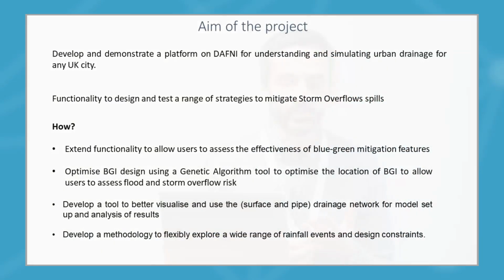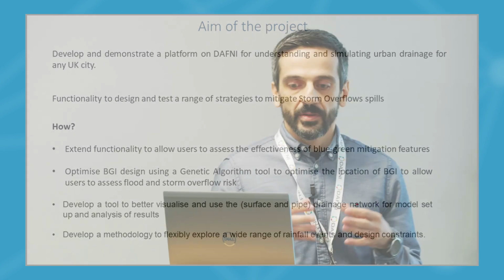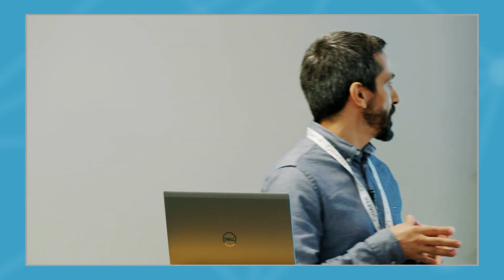So we need to extend the functionality to allow users to assess the effectiveness of blue-green infrastructure. Then we need to develop an optimization tool in order to determine the optimal location of blue-green infrastructure. Then we need to develop another tool to visualize and use the pipe network in order to be able to build fully coupled models, surface-subsurface.